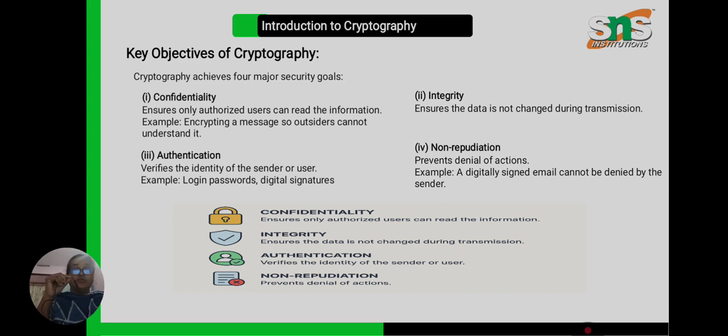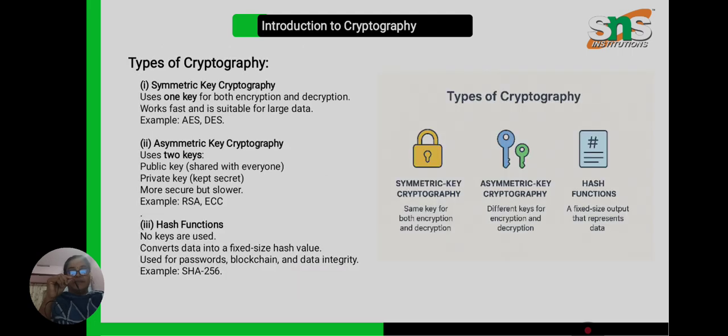Cryptography has four main security objectives, and these objectives ensure secure and trusted communications. The key objectives of cryptography are confidentiality, integrity, authentication and non-repudiation. In our next video let us see all these in a detailed manner.